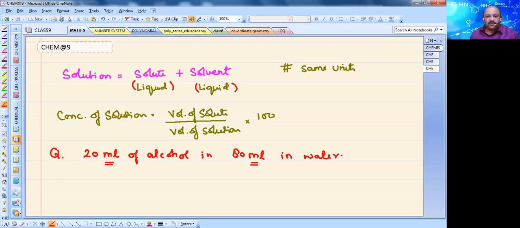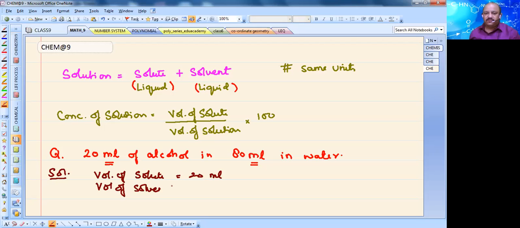So first, as we all know, what is the first step? First, we will write what is given. So the volume of solute, it is 20 ml. What is the volume of solvent? Here solvent is water, 80 ml.